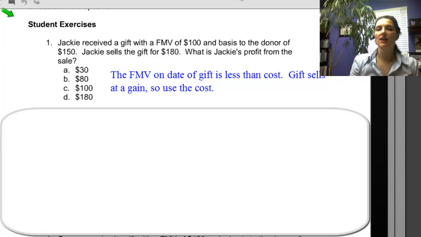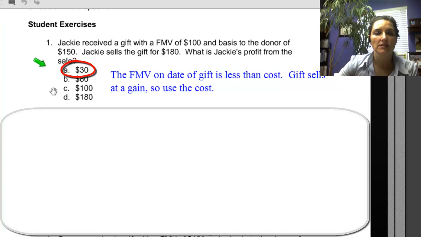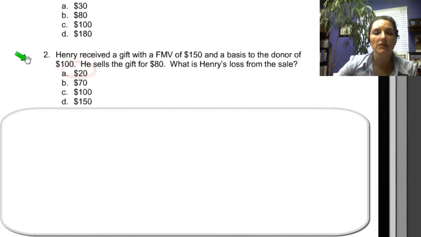And if the asset sells at a loss, you go with the fair market value. In this case, the gift has sold for more than either the cost or the fair market value, and we're going to go with the actual cost. So the gain on the gift will be the difference between $150 and $180, and that is $30. Moving on with question number 2.